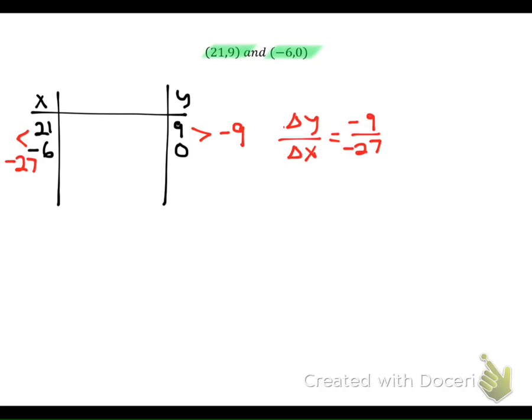Since these are both negatives, they're going to turn into positives. 2 negatives make a positive. And I can reduce this if I divide both of these by 9. That's going to give me 1/3. And this is now my rate of change, which is actually also the same thing as my m value.